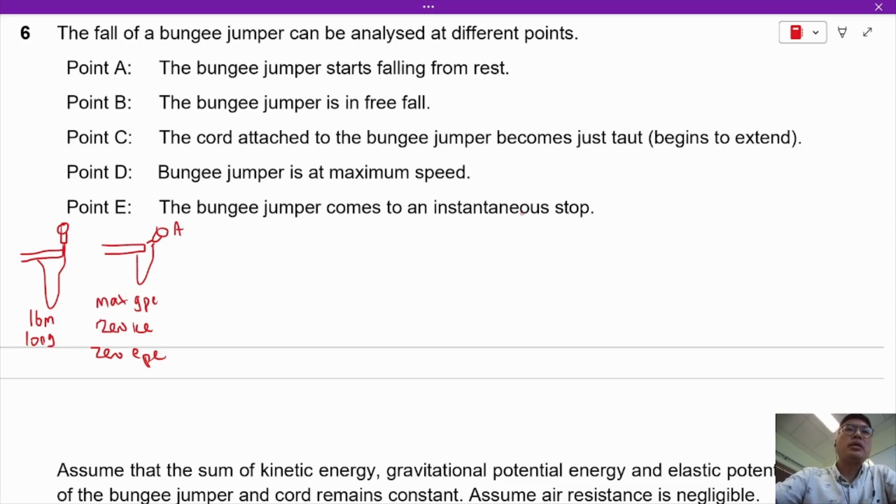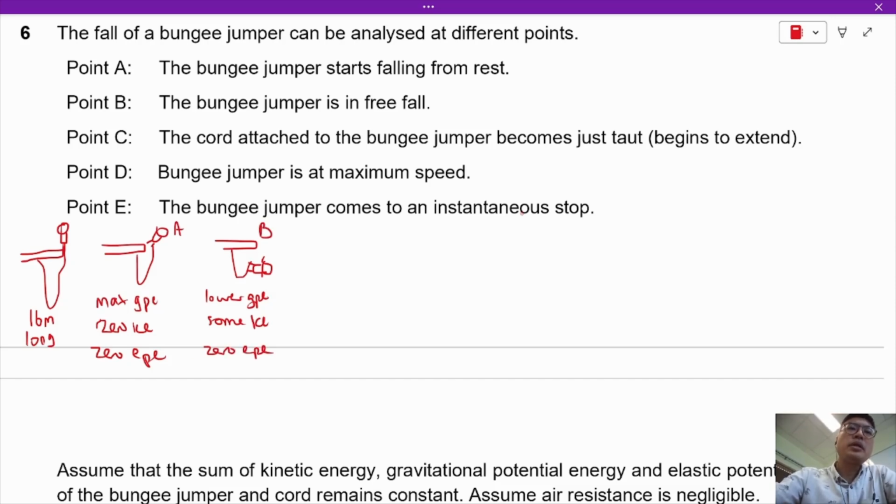At point B, the bungee jumper is in free fall. So over here, the bungee jumper is still falling. The GPE is lower, but he has some KE, and 0 EPE.